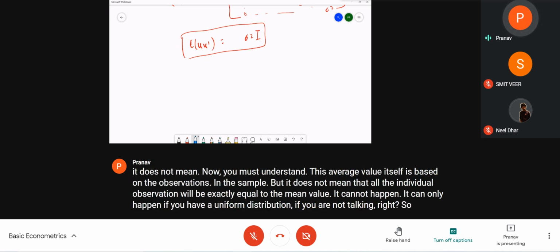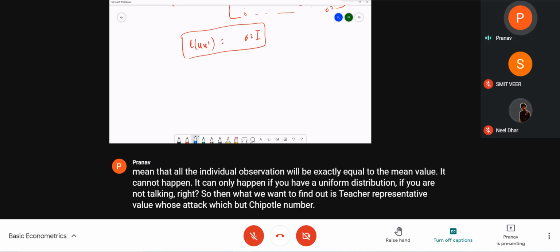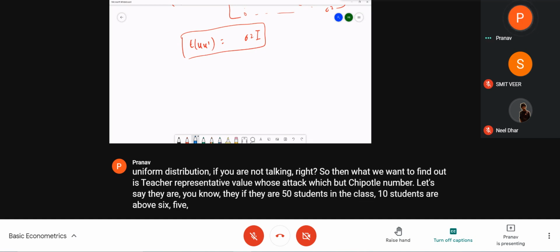So okay, this can be a representative value, but some children are very tall. Let's say if there are 50 students in the class, 10 students are above 6 feet 5 inches. It automatically pulls up the average height of the class.